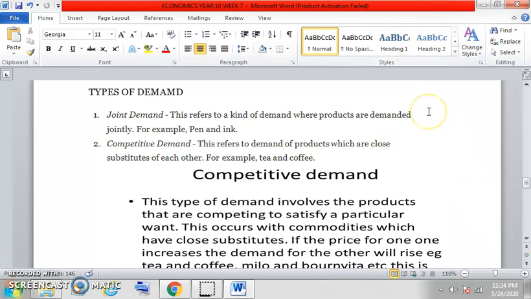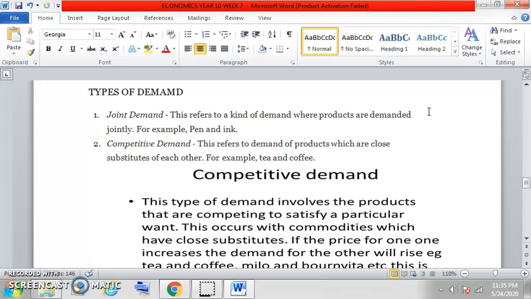Let's look at other types of demand. We have competitive demand. This type of demand is for products that have close substitutes. Products that compete with one another.